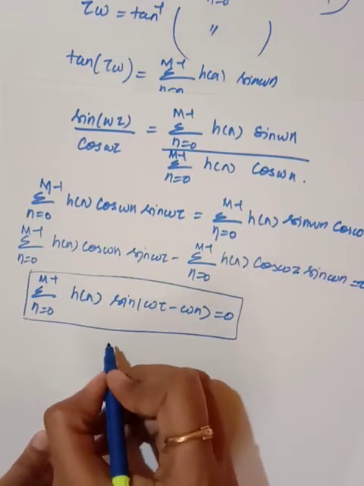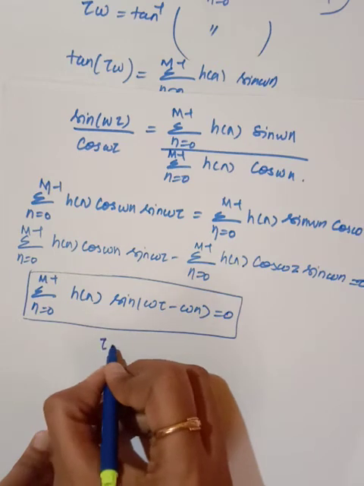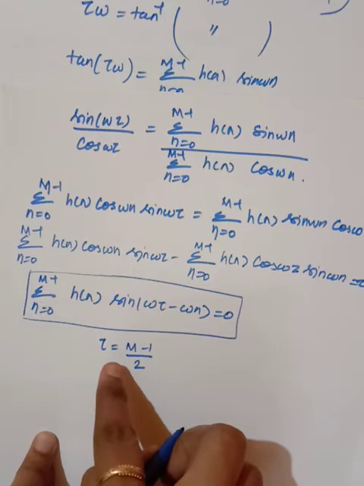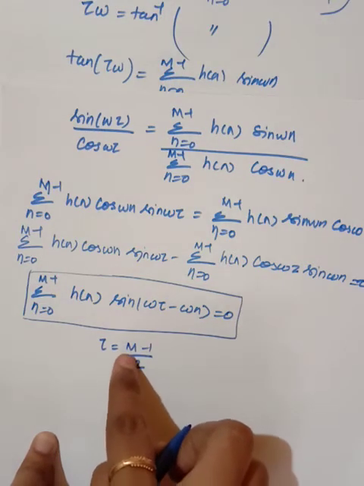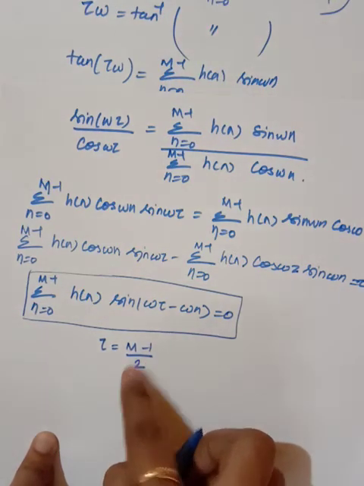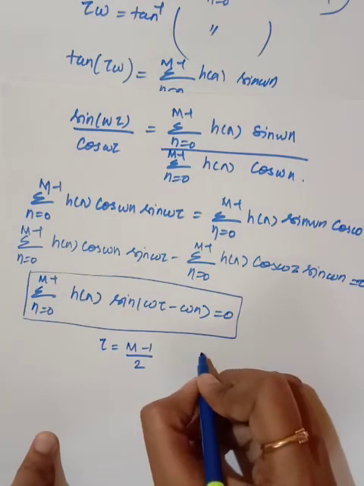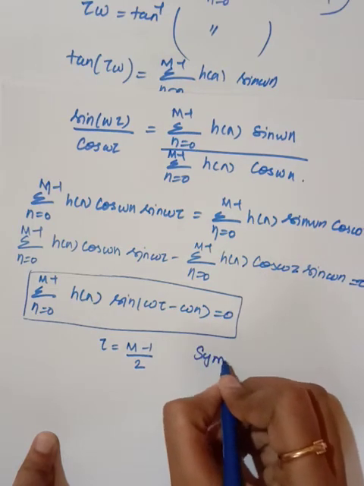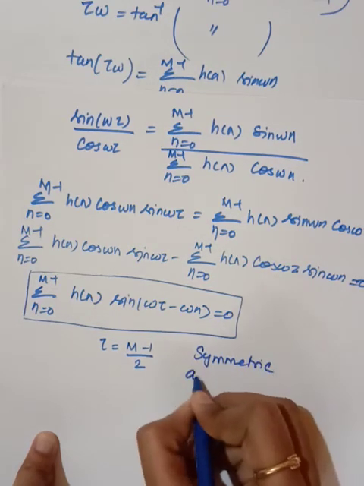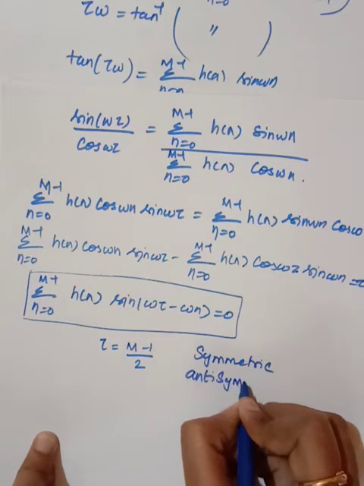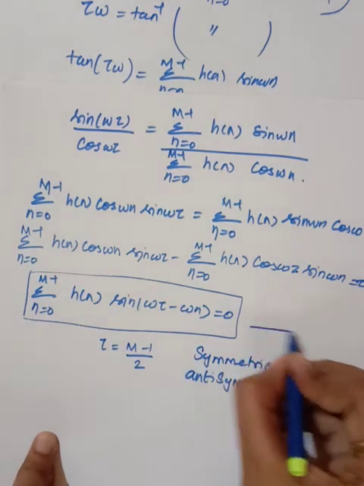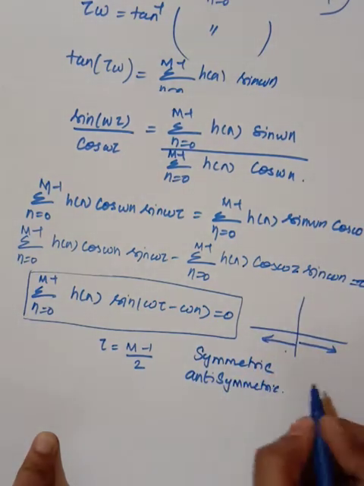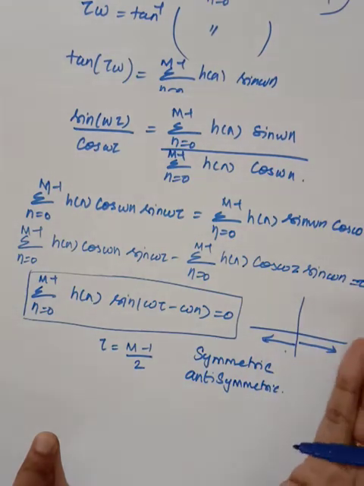Now there is some relation you need to know: tau is equal to (M minus 1) by 2. This delay can be obtained from the (M minus 1) by 2 relation. Also, there are two types of filters we will see: the symmetric filter and the anti-symmetric filter. In a symmetric filter, the coefficients on this side are similar to those on the other side. In an anti-symmetric filter it is just the opposite.